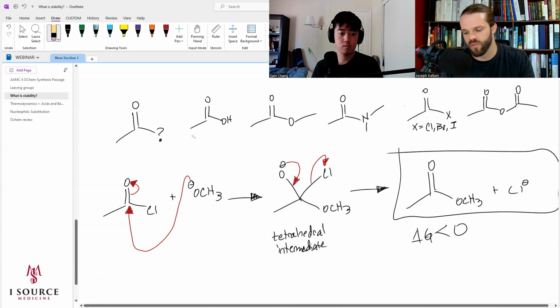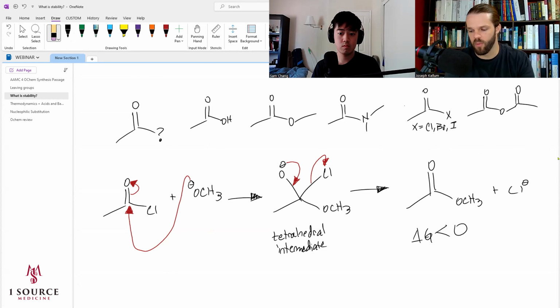So one thing that's useful to know of all of these carboxylic acid derivative molecules is which ones are most stable versus least stable. If you're trying to determine most versus least stable, I recommend looking at the stability of the leaving group, because the leaving group and the nucleophile are the two things that are unhappy.